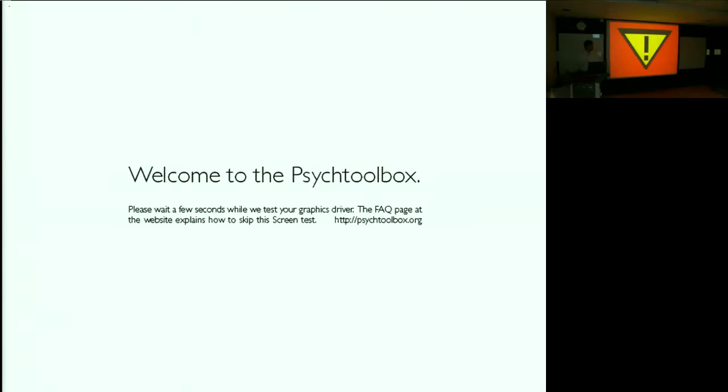It gives me a certain red alert. Okay, so here we go. We don't put it in full screen mode. That helps. It automatically comes in full screen.